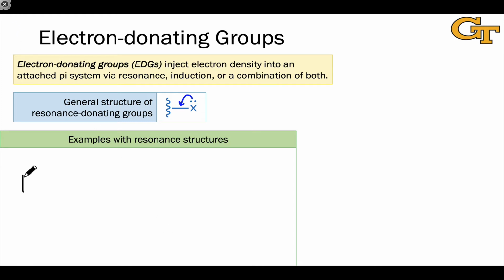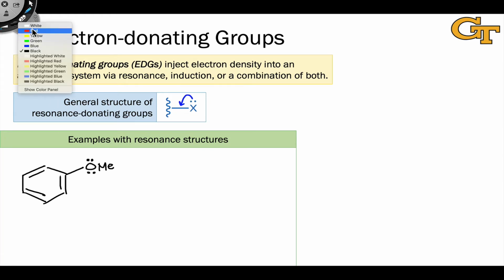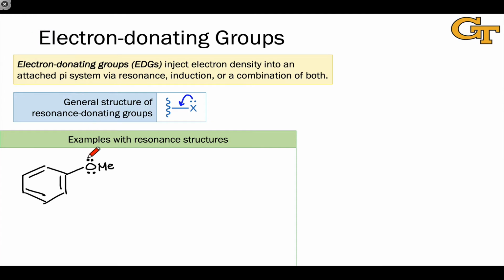The ether and amine groups are two key examples of electron donating groups. And so for a simple ether, let's just look at a methoxy group in something like anisole with the methoxy oxygen connected to a benzene ring. This oxygen fits the pattern of an atom with a lone pair connected to a pi system, and we can imagine actually more than one resonance structure that places negative charge on the carbon atoms of the ring in this compound.